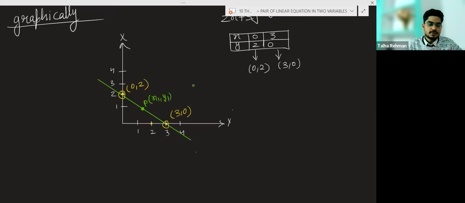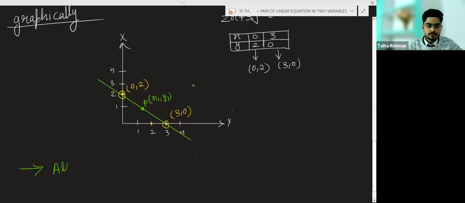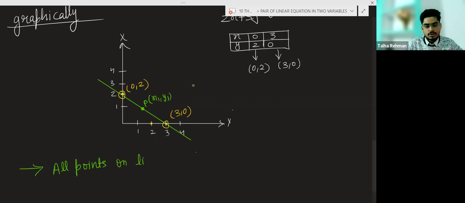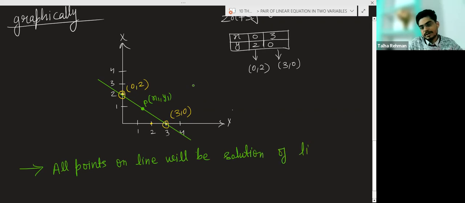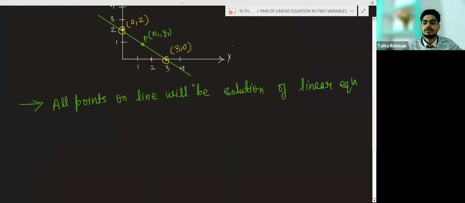So you can write: all points on the line will be solutions of the linear equation in two variables.